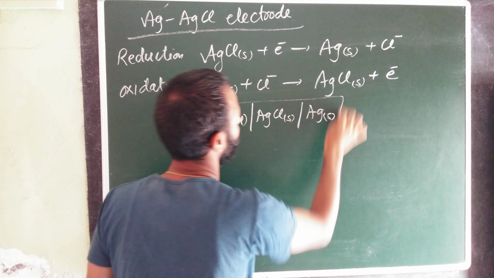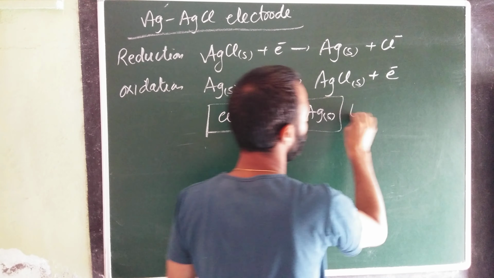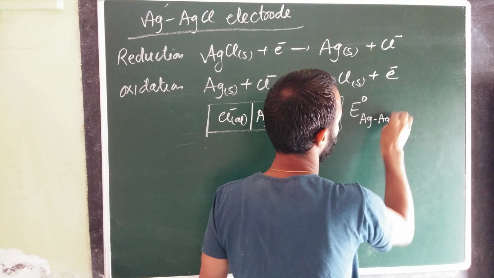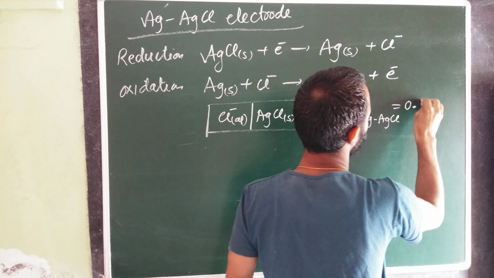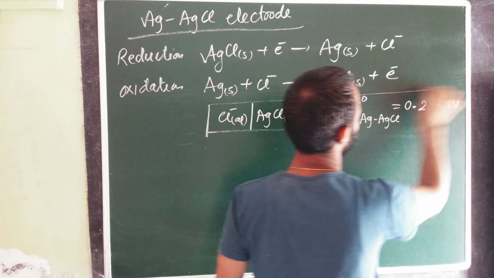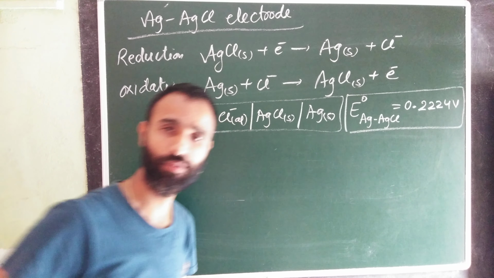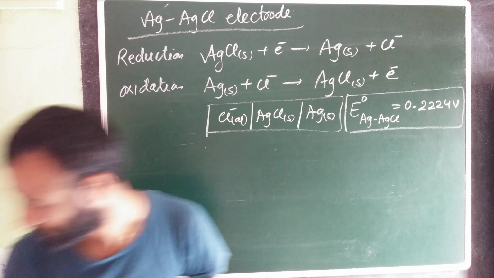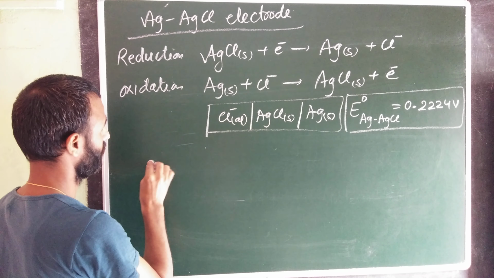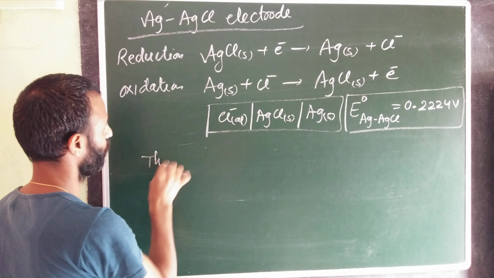Its E0 value for the silver chloride electrode is 0.2224 volt. The last one, sorry, the third one, is the quinhydrone electrode.